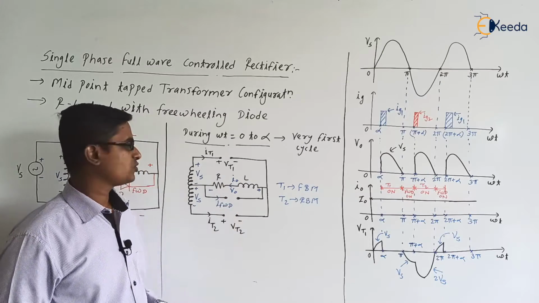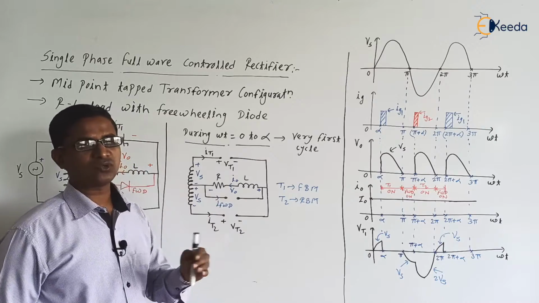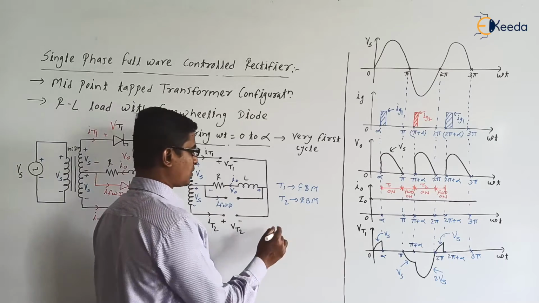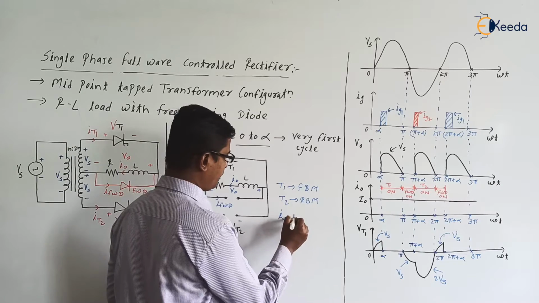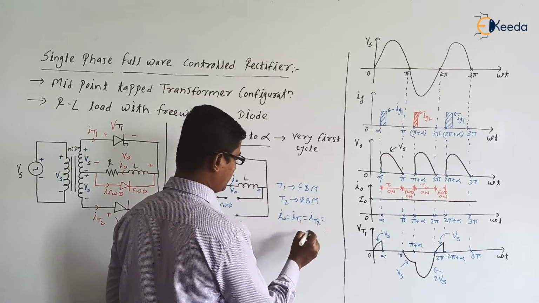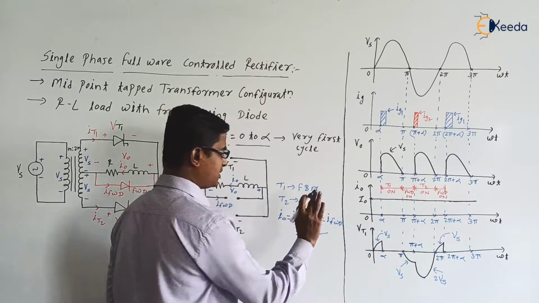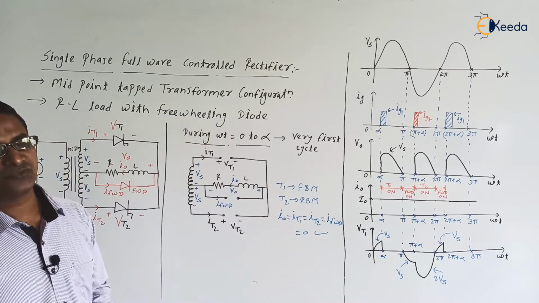Can current flow from the source towards the load? Not possible. So the load current I0 is 0, It1 is 0, It2 is 0, and IFWD is also 0, meaning all the currents will be 0.